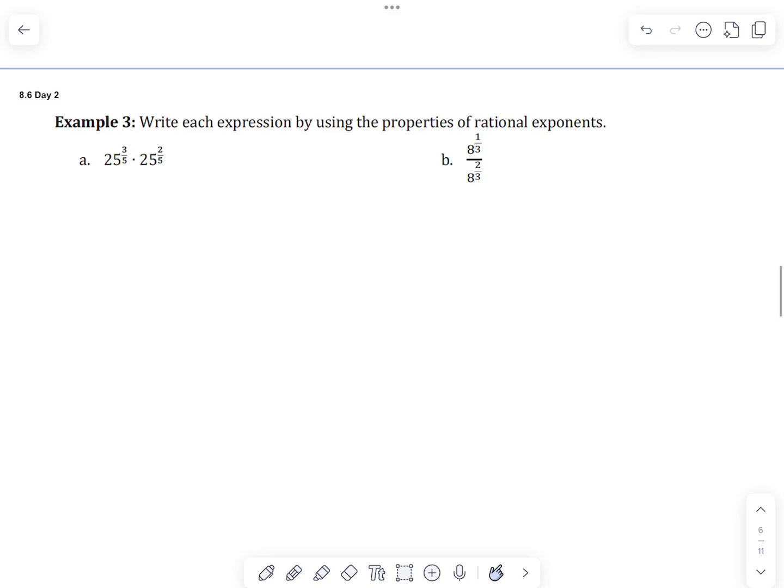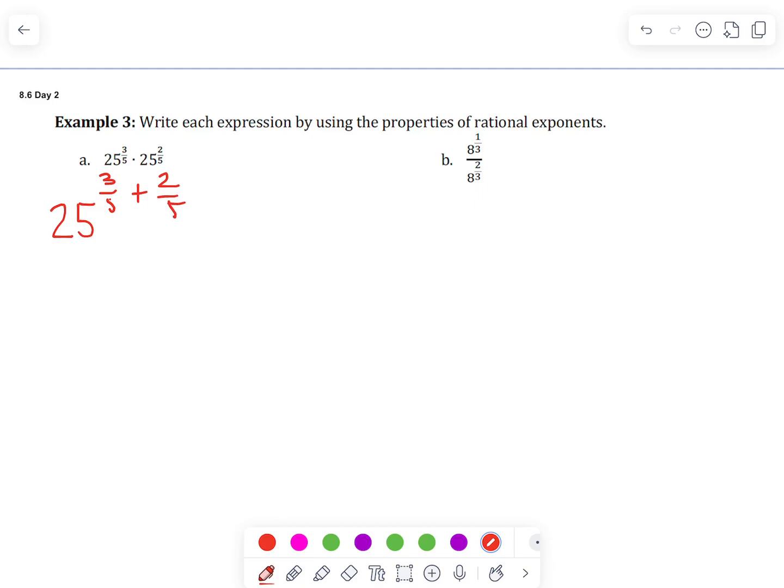All right, rewrite each expression using the properties of rational exponents. So notice that these bases are the same. They're both base 25. And what we're going to do is add those exponents. So 3/5 plus 2/5.